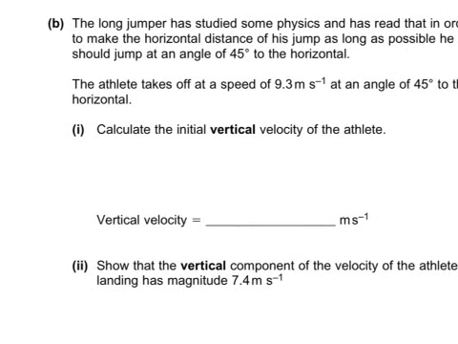So let me just sketch what that looks like. There's our 9.3 metres per second and it is at 45 degrees to horizontal, and we're looking at, well, what is the vertical component of this? We want to know what the vertical velocity is.